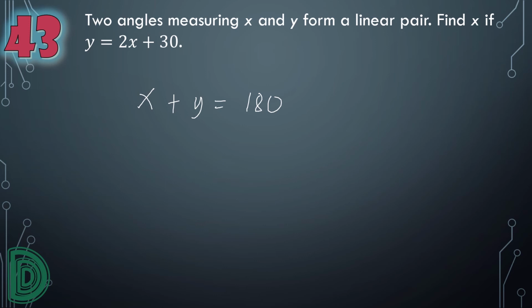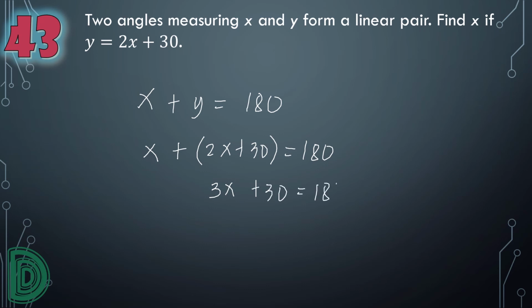If y is 2x plus 30, then we have x plus the value of y, which is 2x plus 30, equals 180. So we have 3x plus 30 equals 180. Subtract both sides by 30, we'll get 3x equals 150. Divide both sides by 3, we will get x is equal to 50 degrees.